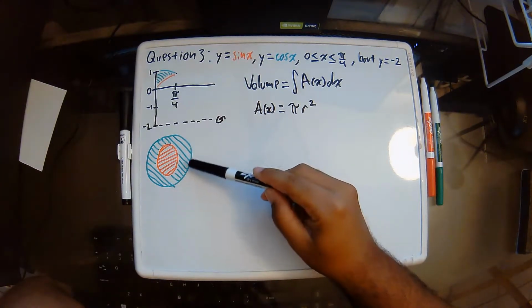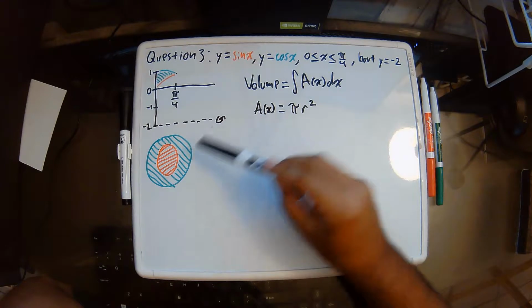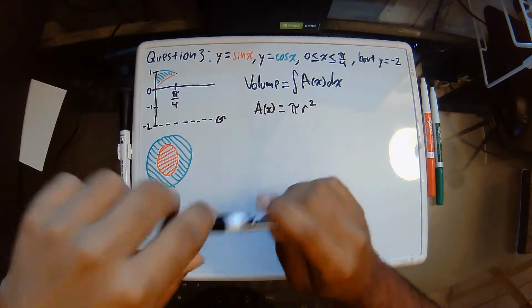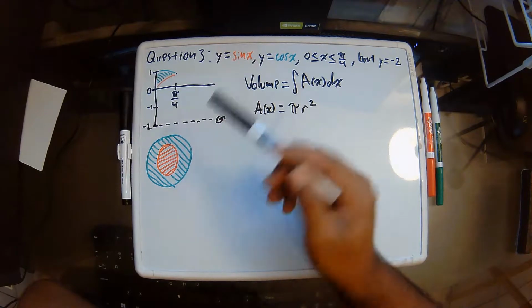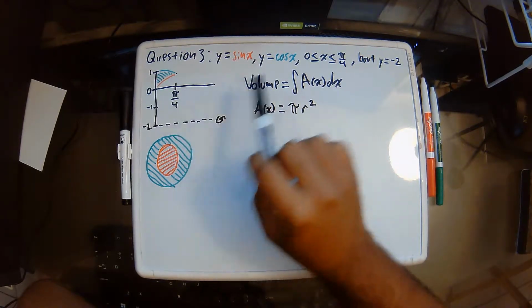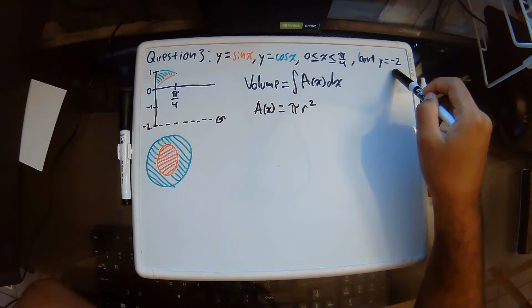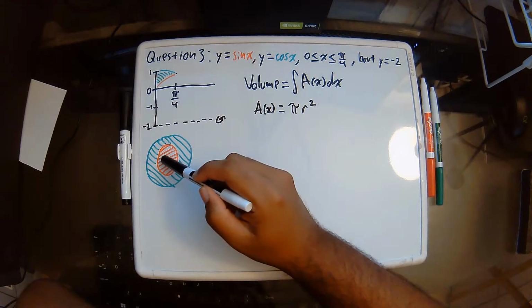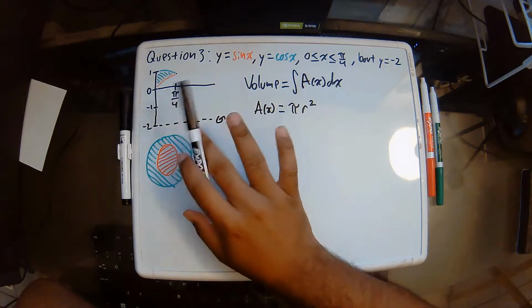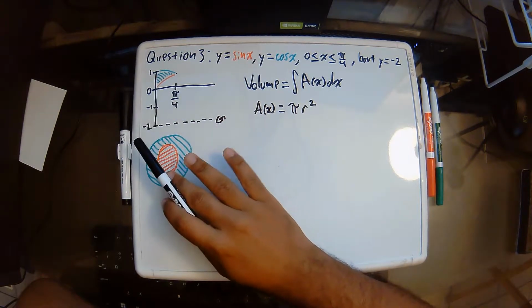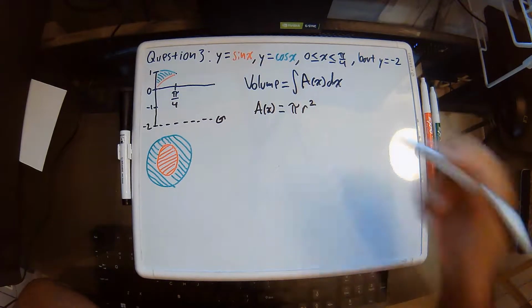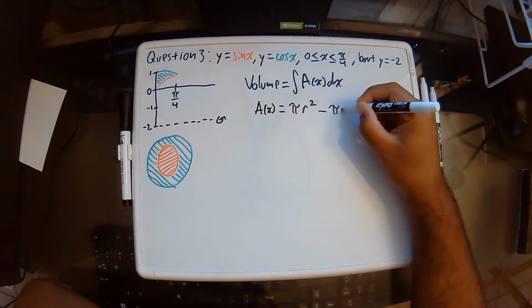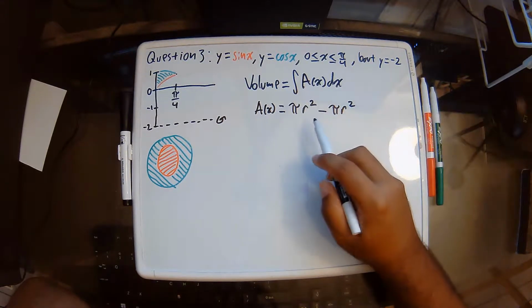This green represents cosine, and this red represents sine. Granted, this isn't exact because we are rotating about y equals minus 2, so there would be a hole inside of these two, but for now we can just think of it like this. And we have to subtract another circle's area.